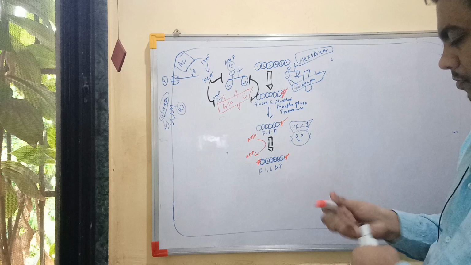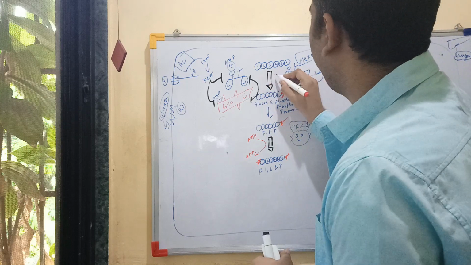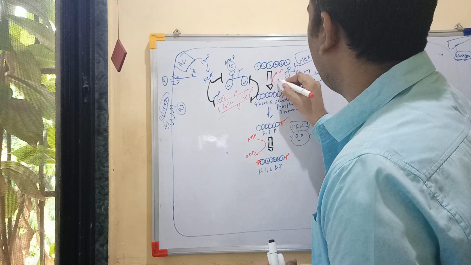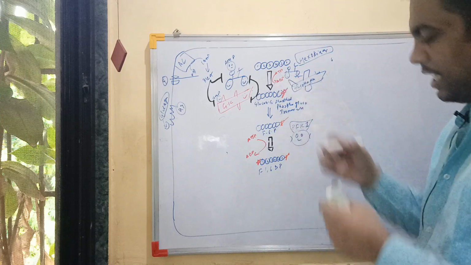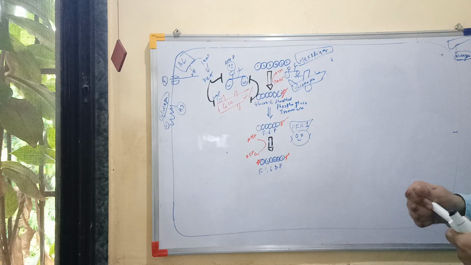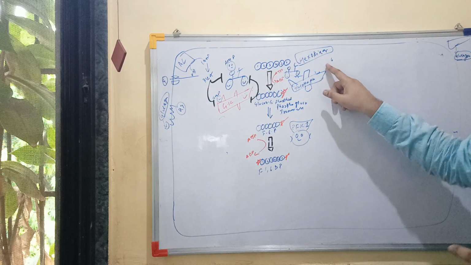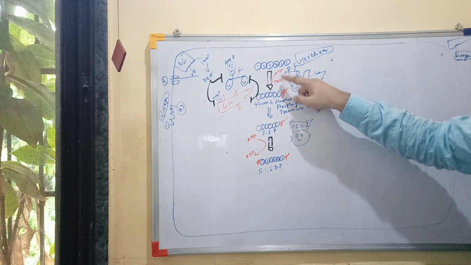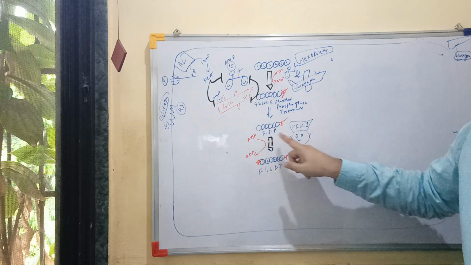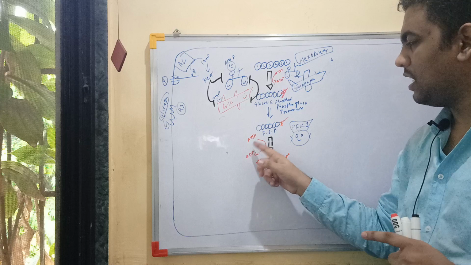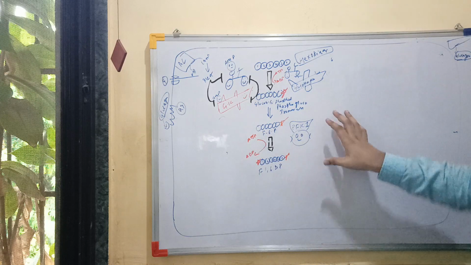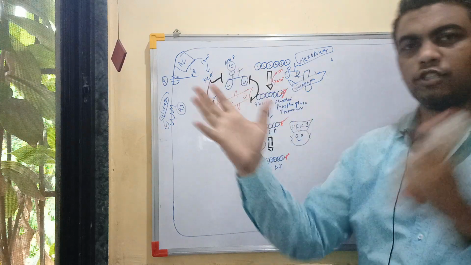So of course here also there will be ATP to ADP. Here hexokinase and glucokinase take phosphate from ATP and convert it into ADP. Here phosphofructokinase type 1 takes ATP and converts it into ADP. This phosphofructokinase has two kinds of arms.